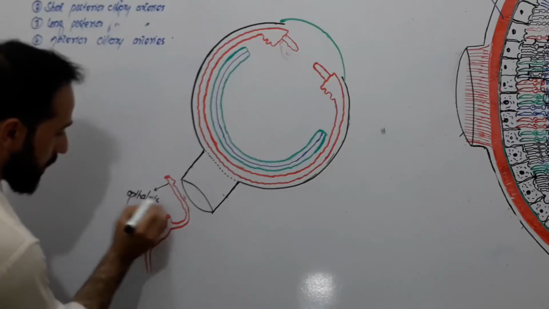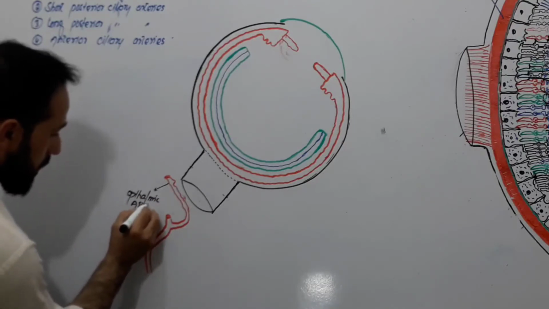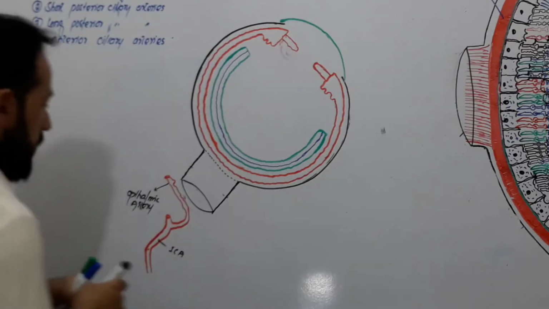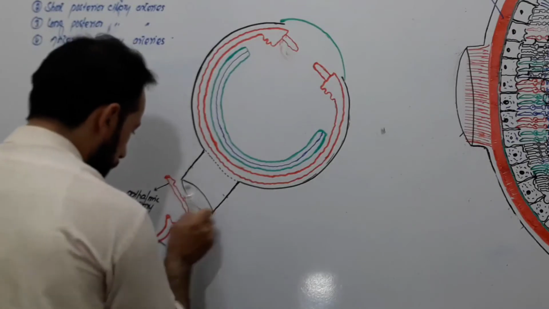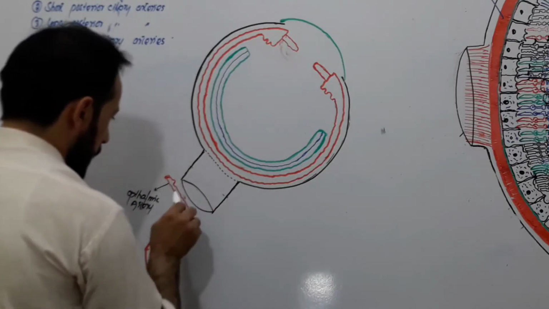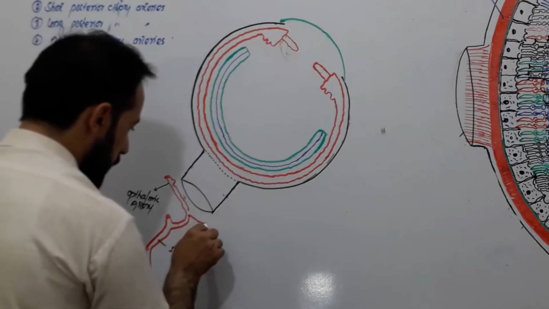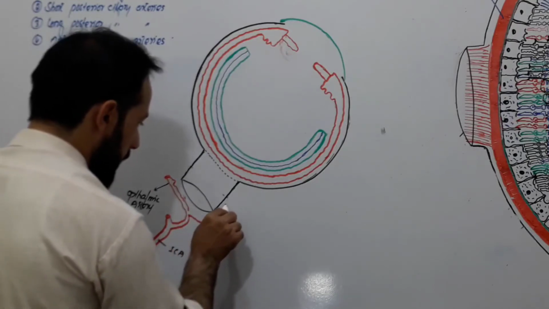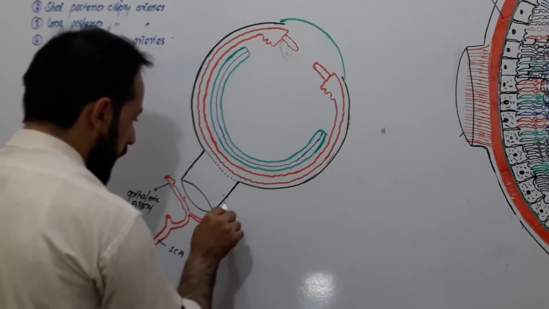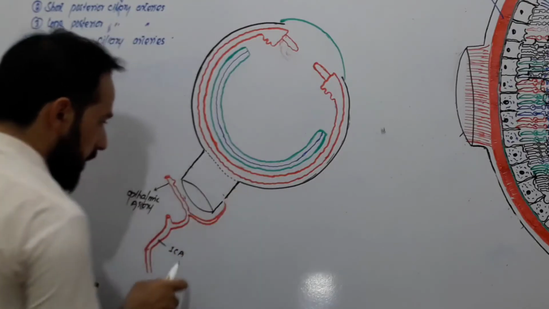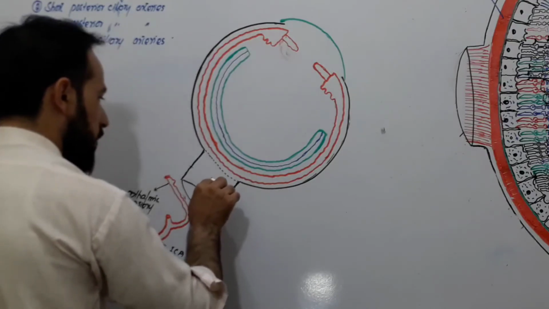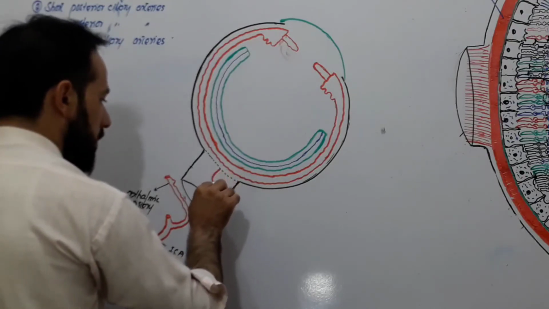This is the internal carotid artery, and from the ophthalmic artery a branch separates and goes like this and enters the eyeball. We say it pierces the sclera and enters the back of your eyeball like this.